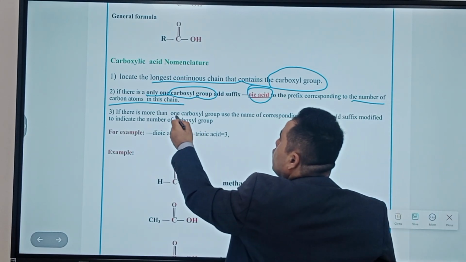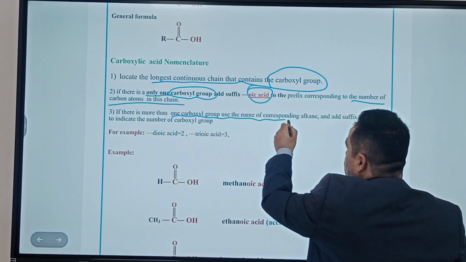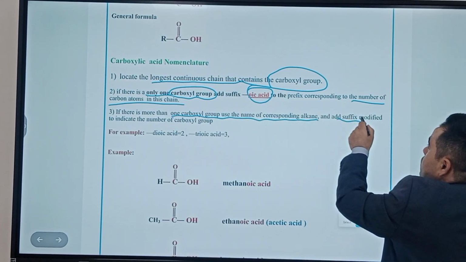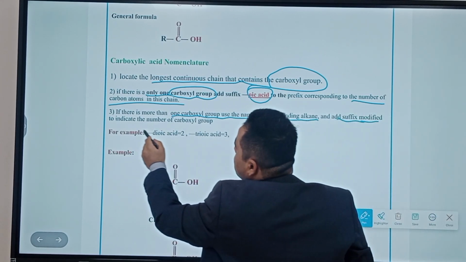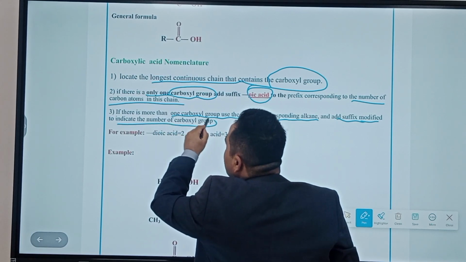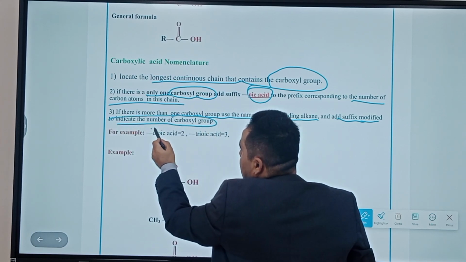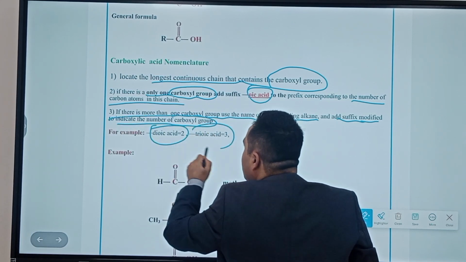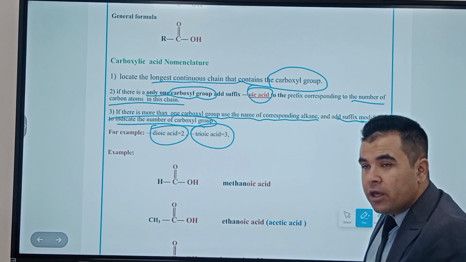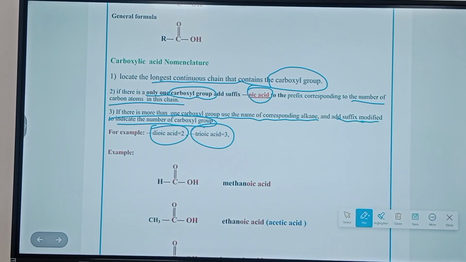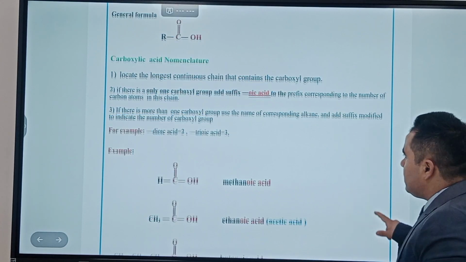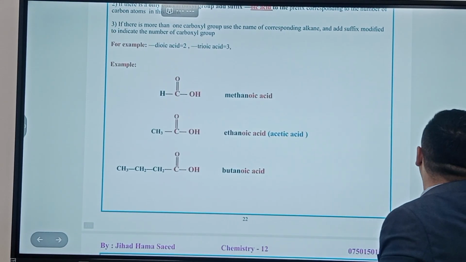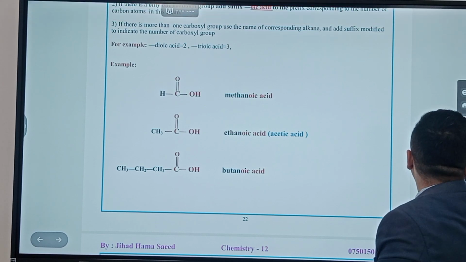If there is more than one carboxyl group, modify the suffix to indicate the number: dioic, trioic, or tetraoic if there are 4 carboxyl groups, but usually we have up to 3 carboxyl groups in the structure.